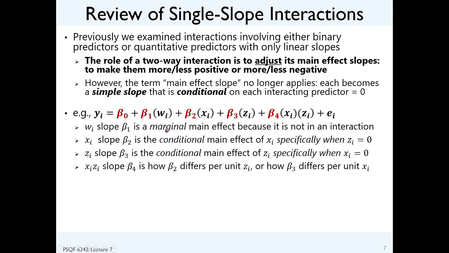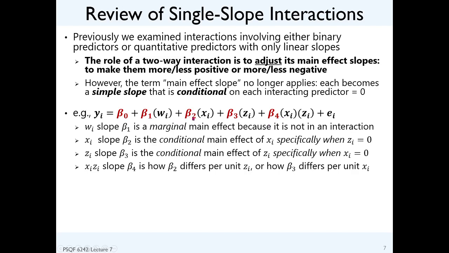The effect of W is controlled for the effects of X and Z in their interaction, but the effect of W that's given by beta 1 is for everyone. So these are all unique effects controlling for the other predictors in the model, but beta 1 is a marginal effect. In contrast, because X shows up here connected to beta 2 and X shows up here connected to beta 4, this main effect of X here is not marginal.